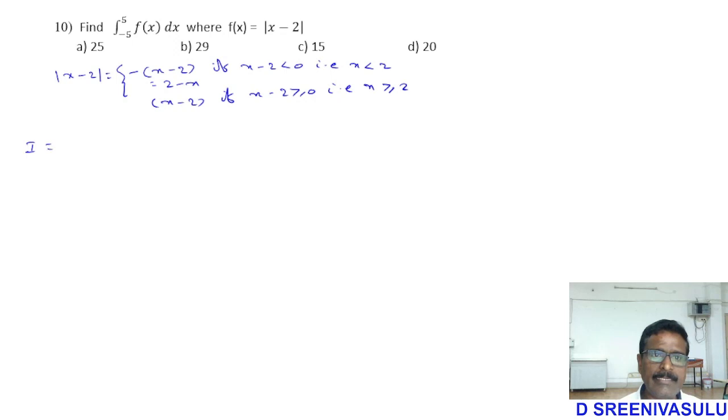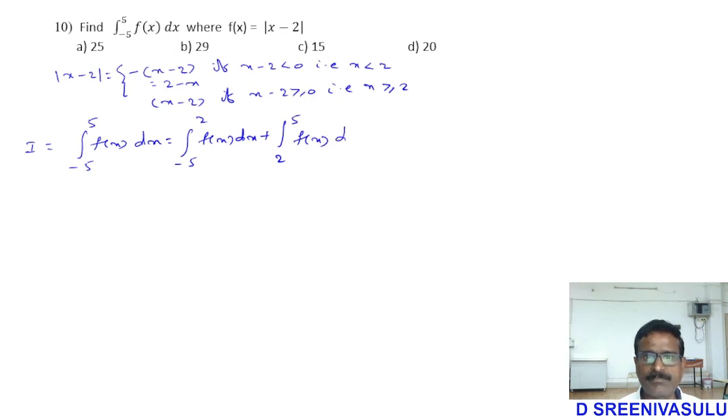Therefore, write the integral I is equal to integral minus 5 to 5 f of x dx is equal to integral minus 5 to 2 f of x dx plus integral 2 to 5 f of x dx. Minus 5 to 2 means x lies between minus 5 to 2, that means less than 2.